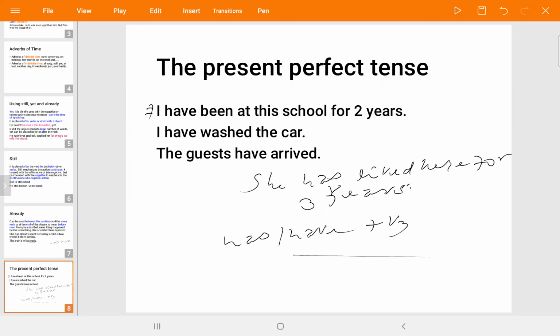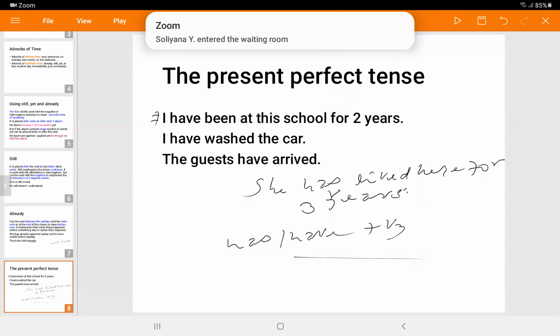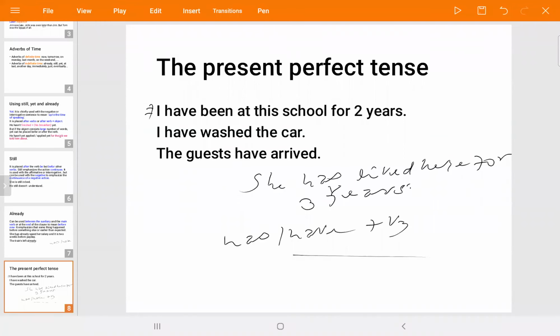Starting from 2 years ago till the time of speaking. Actions started in the past and then continue to the time of speaking. Maybe they may continue to the future too. This is one of the uses of present perfect tense, starting from the past to the time of speaking.